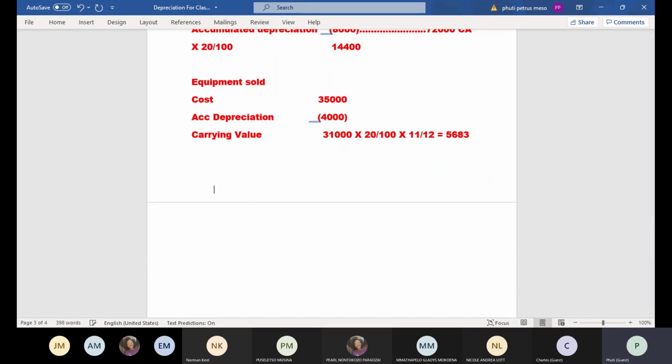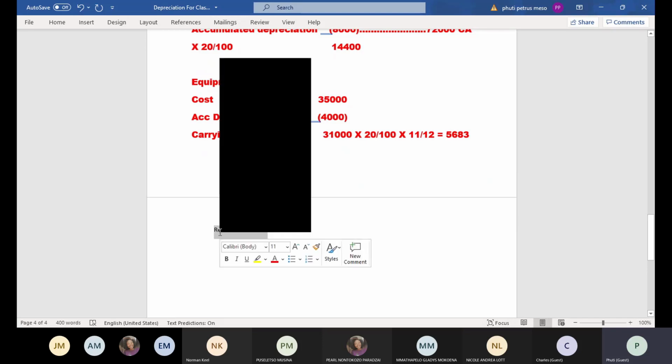Well, let's go further and see. We were only dealing with those two assets. Let's look at what's called the realization account, the realization values. The reason why we're doing the realization is that we need to determine whether the sale was on a loss or a profit.